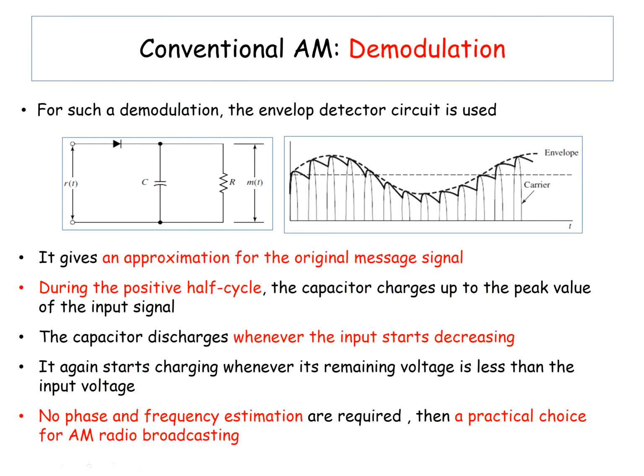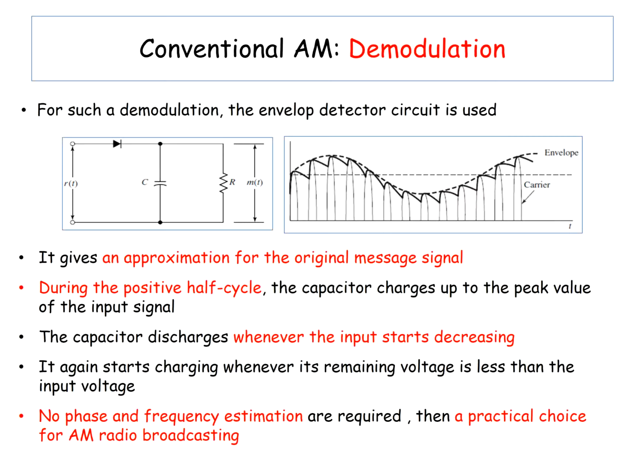In the conventional AM, the demodulation is accomplished by the envelope detector circuit, including a diode, a capacitor, and a resistor. It gives an approximation for the original message signal at its output. During the positive half cycle of the carrier, the capacitor charges up to the peak value of the input signal, and it discharges whenever the input starts decreasing.